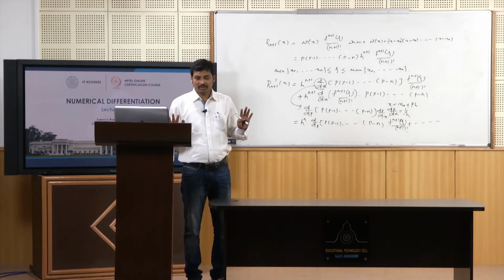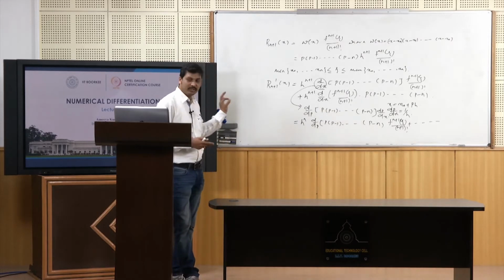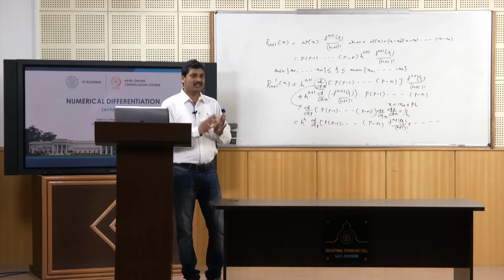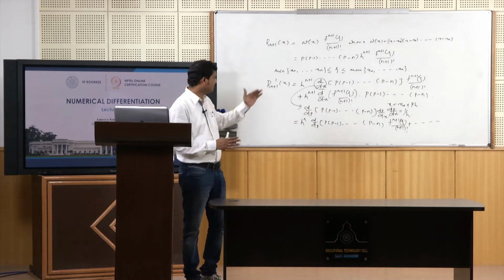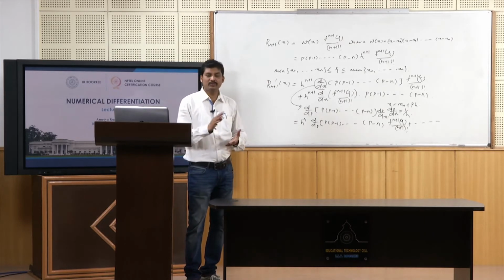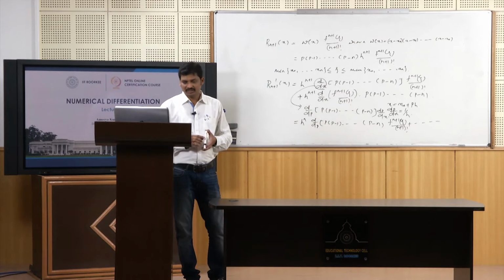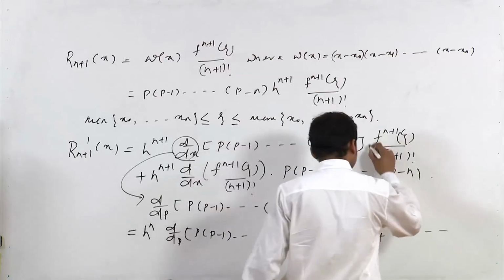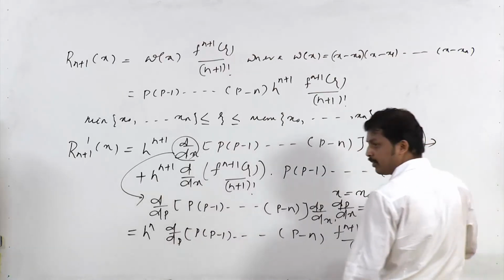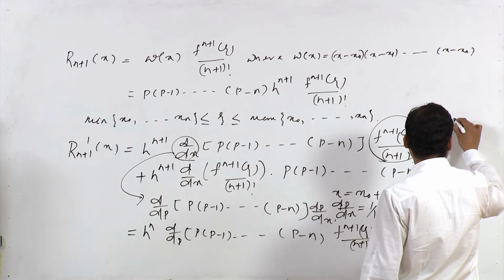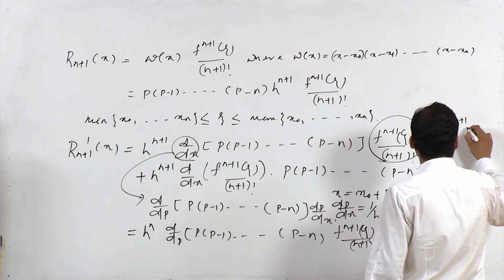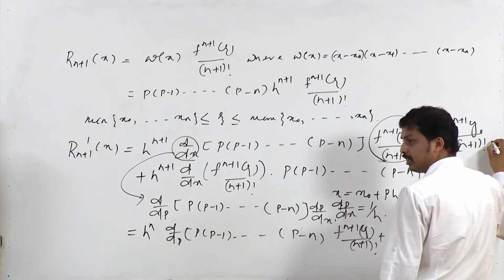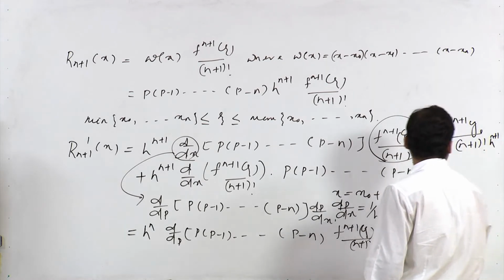So if the tabular values are given, we can directly approximate this error term by considering these tabular values, and even these differentiations can be approximated using the forward difference table. Written in terms of Newton's forward difference operator, this becomes del to the power n plus 1 y0 divided by n plus 1 factorial into h to the power n plus 1.